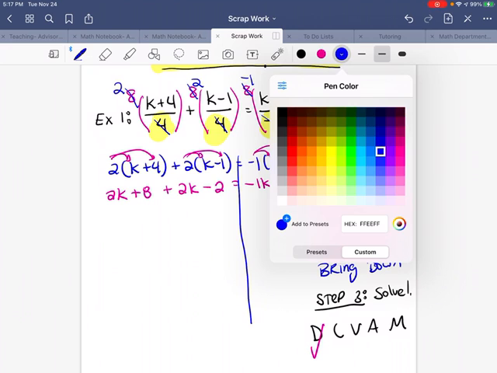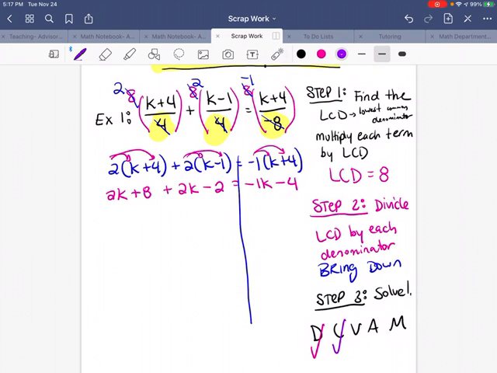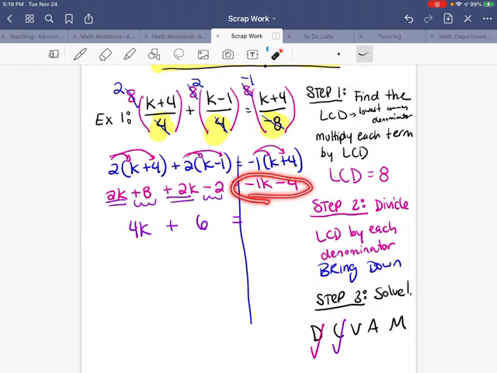So I'm going to look for like terms, and I'm going to underline them and give a squiggly or circle or anything, okay? Only on the left side, so I wouldn't underline this, okay? I don't do that. Bad. So I add these together, and that would give me 4k plus 6. And these two, I look to see if they're like terms, but they're not, so I just bring them down.